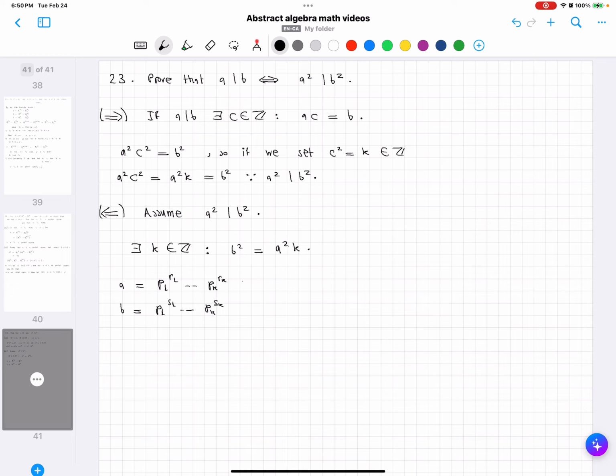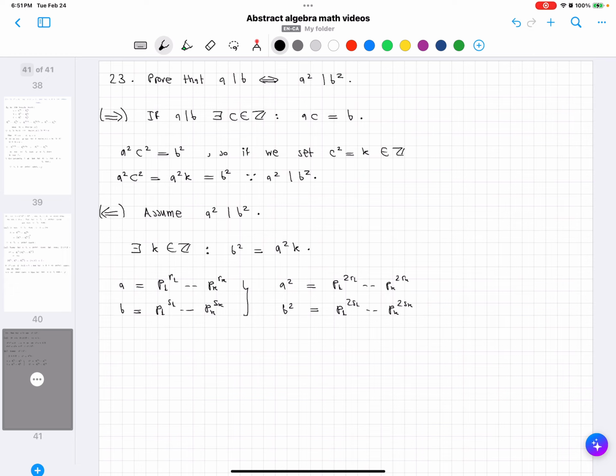So from this, we get that A squared is equal to P1^(2R1) up to PK^(2RK), and similarly, B squared is P1^(2S1) up to PK^(2SK).